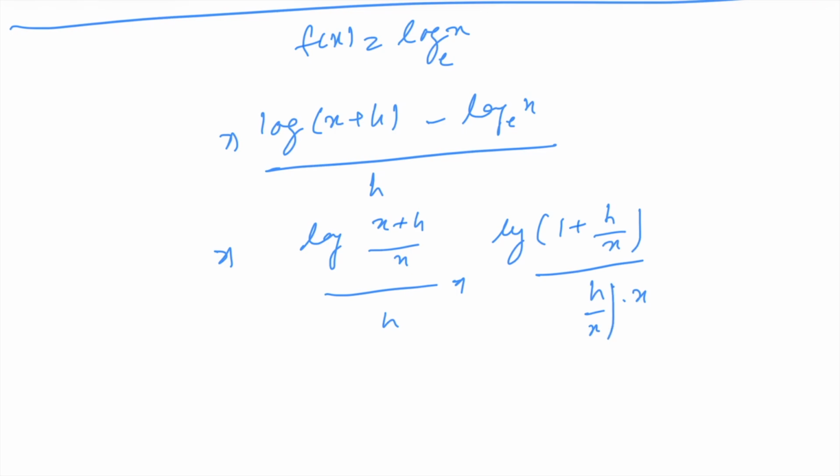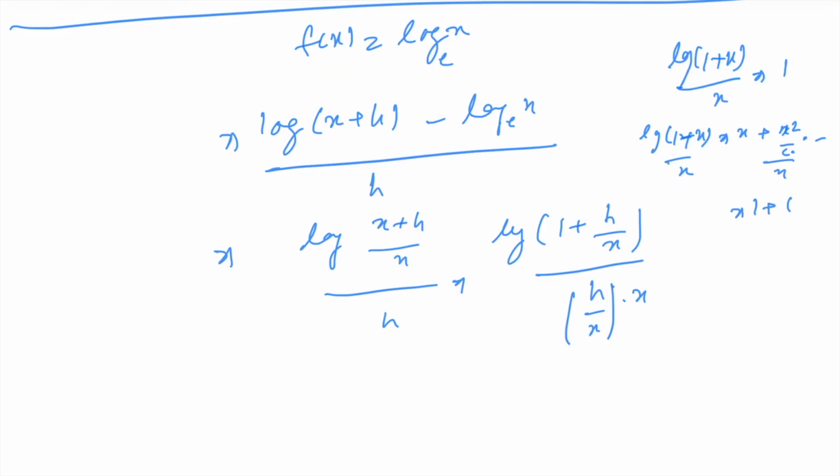Because there's one result: with h tending to 0, log(1 + x) upon x becomes 1. Why? Again, the Taylor series: log(1 + x) becomes x plus x square upon something factorial and so on, and again when we divide both sides by x, it will come like 1 plus something, and that something would become 0, and it becomes 1 by x.